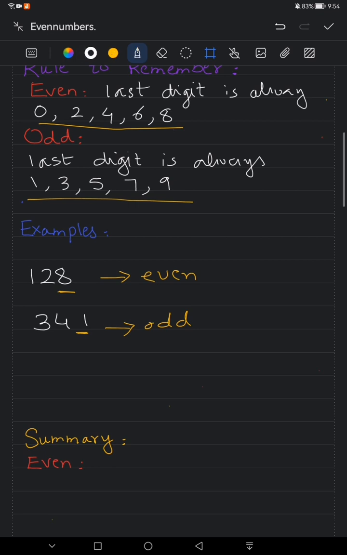Let's do another example. 674. The last digit here is 4, which is even. So 674 will also be even. 847. The last digit over here is 7. So it is going to be odd.